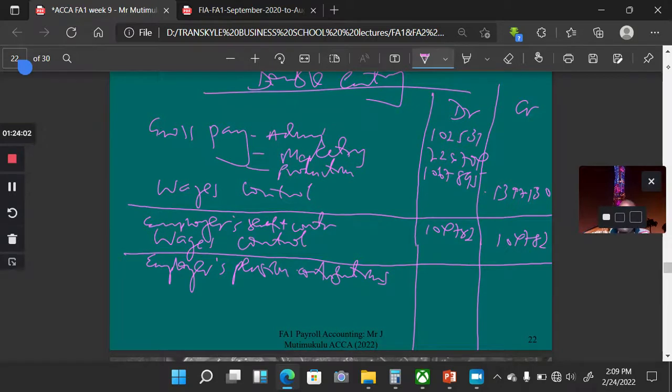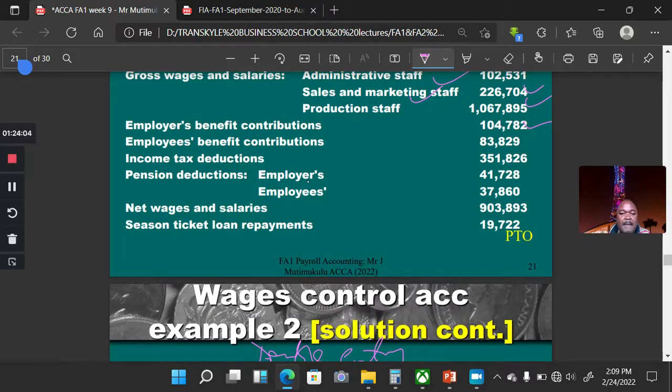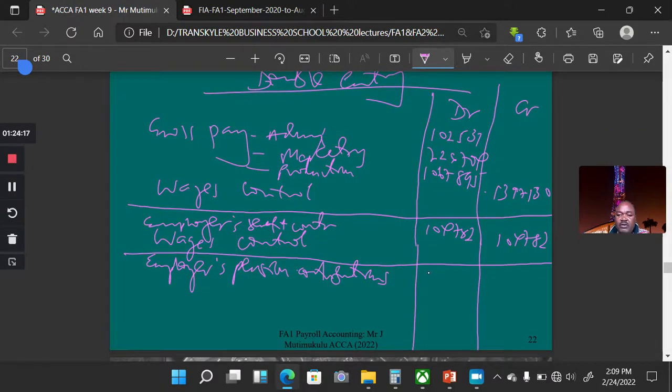If you go to the question, they were 41,728, and you also have to credit the wages control account with the same amount.